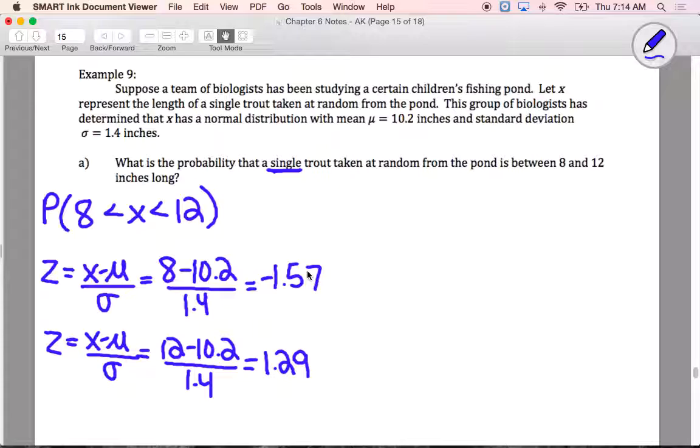So now you need to look at your tables. You should be really good at looking at your z table now. So look at your z table for negative 1.57. So look at the negative 1.5, and then you want to go over to the 0.07. So you should have found then 0.0582.